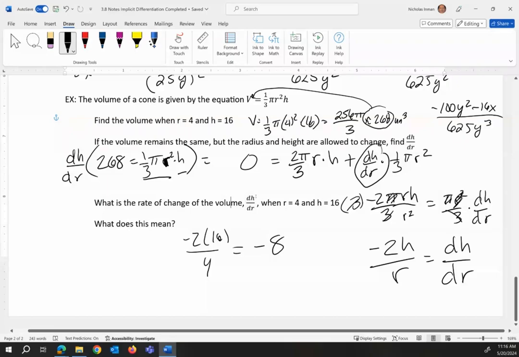Basically, this means the rate of change of the height with respect to r. If r has to get bigger to keep the volume the same, that means the height is going to have to get much smaller, much quicker. So this should be, find the rate of change when r is 4 and h is 16.